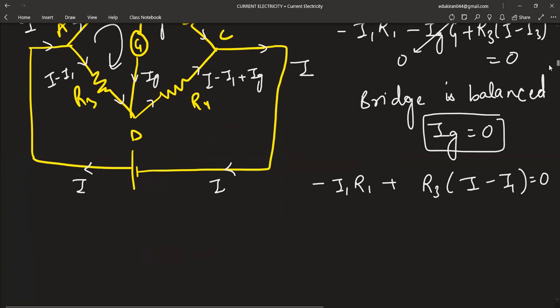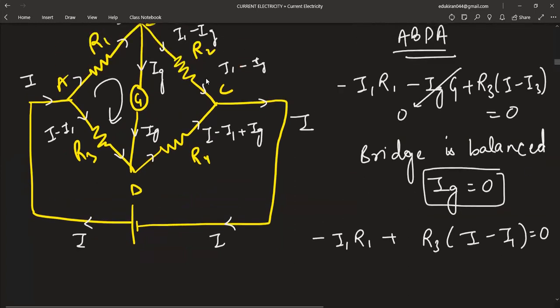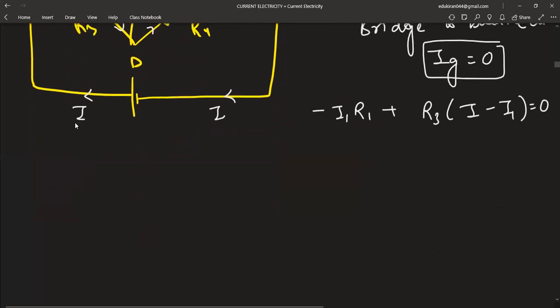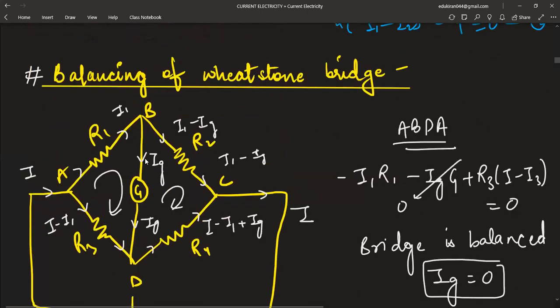Now come to the second loop. B, C, D, B. Same, let's go like this only. Now see here, this is along the direction of current, so this will be minus.